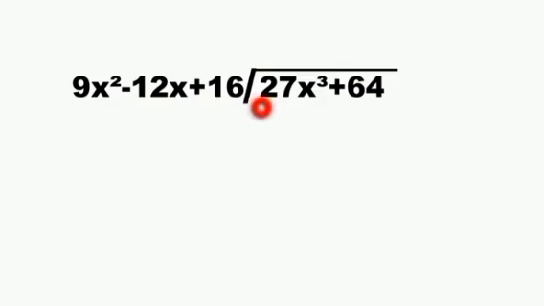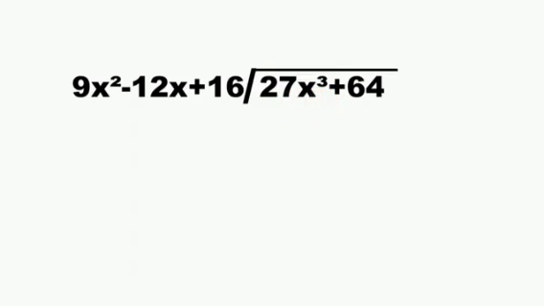So it seems impossible to divide, but we have the highest exponent x cubed, so we have missing terms of x squared and x, and we have to provide those terms without increasing or decreasing the value of the dividend.